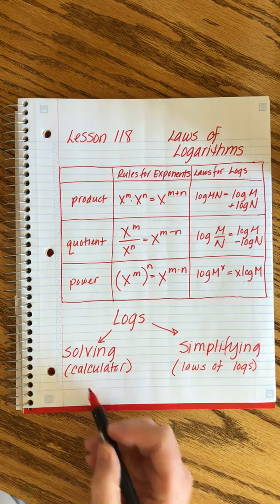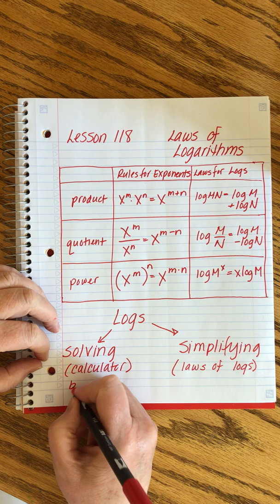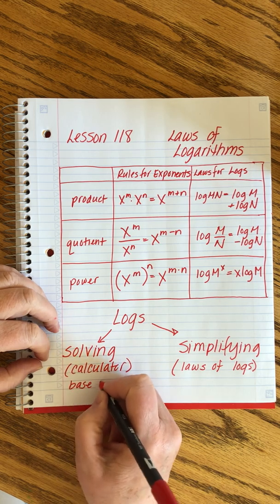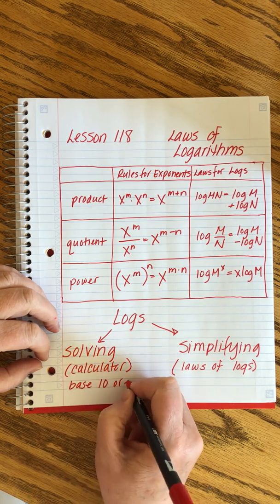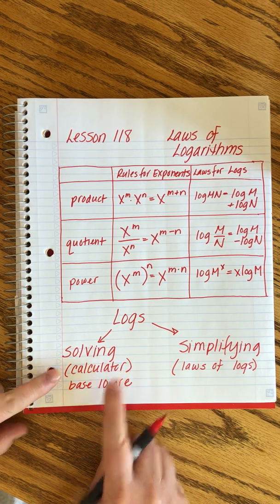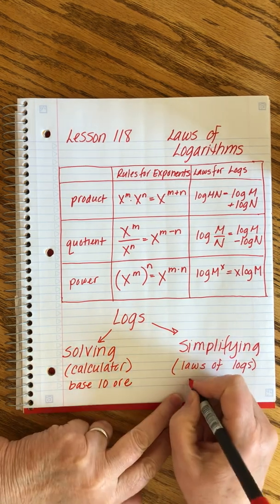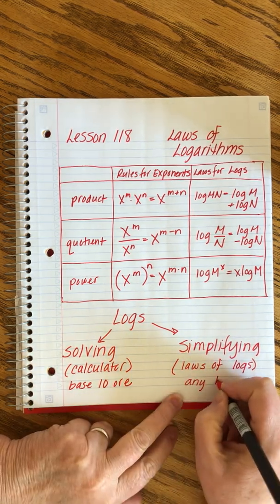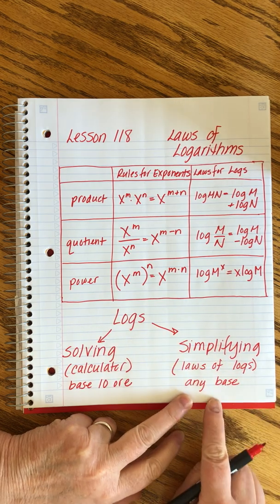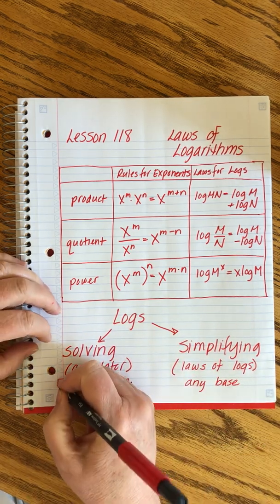In these, we need the bases of 10 or e, because those are the ones we have the calculator for, right? These, we can use any random base because we're not going to be solving them. We don't need to take them to our calculator.